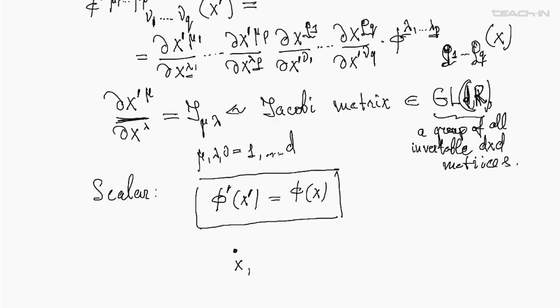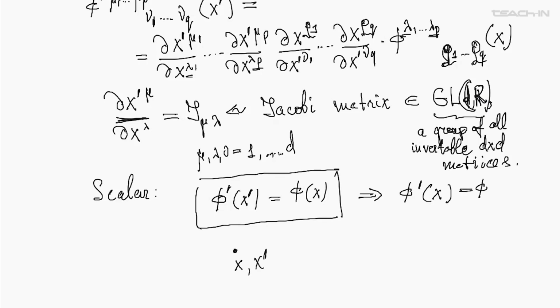And then the scalar field is a function which, under the change of coordinates, behaves in the way I'm writing here. So that's the definition of a scalar field. So be careful: a scalar field is not something which behaves like phi prime on x is equal to phi on x. This is not true. This is not a scalar field.